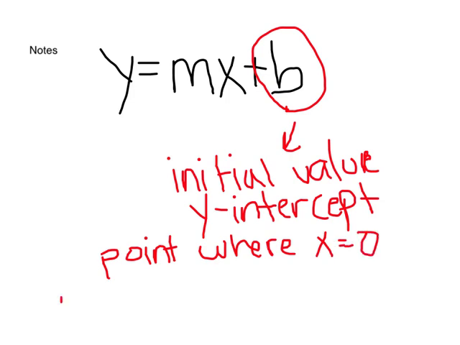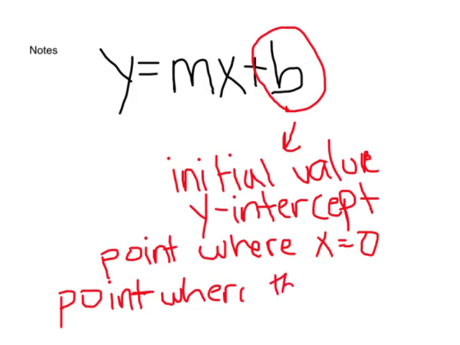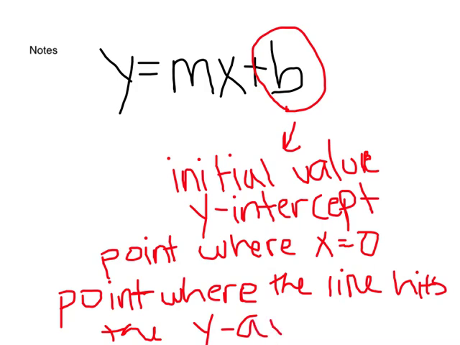And it is the point where our line hits our y-axis, which is going to be one of the most important descriptions when we're looking at a graph. The y-axis.